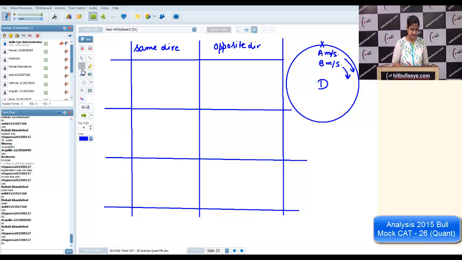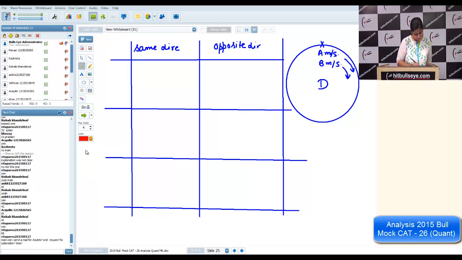Normally 3 questions are asked. Yes, you can, Rituparna. Normally 3 basic questions are asked in the case of circular motion. First of all, when will they be together at the initial point?